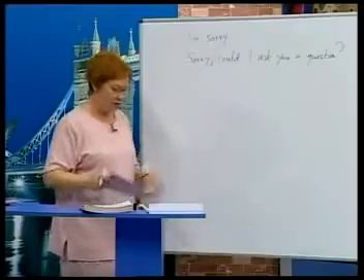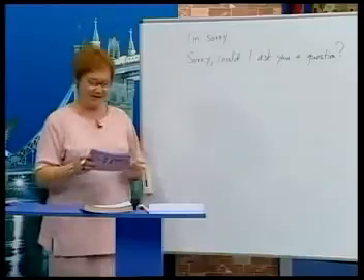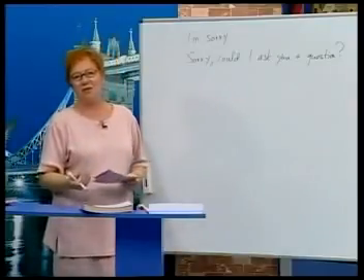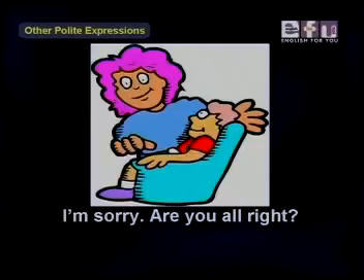Now, you step on my foot. Well, it was an accident, and you didn't mean to. When you have an accident, you don't mean it to happen. So you say, I'm sorry.